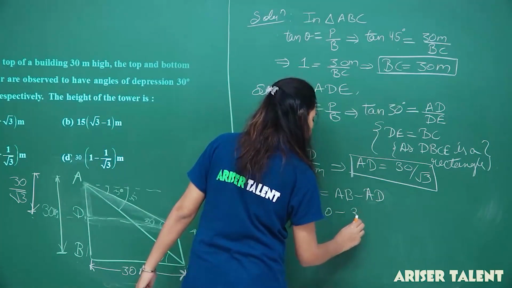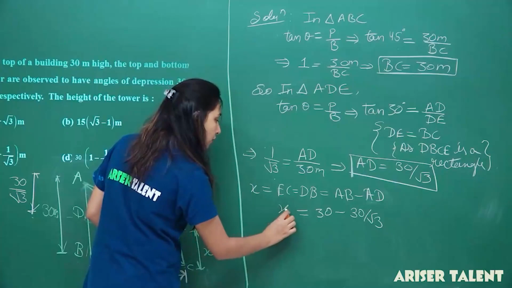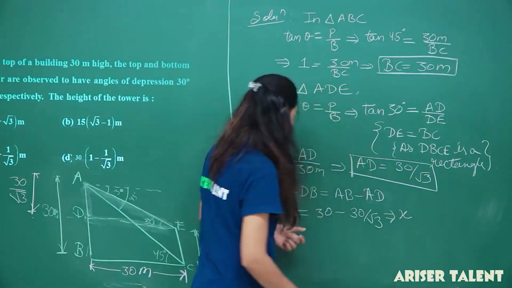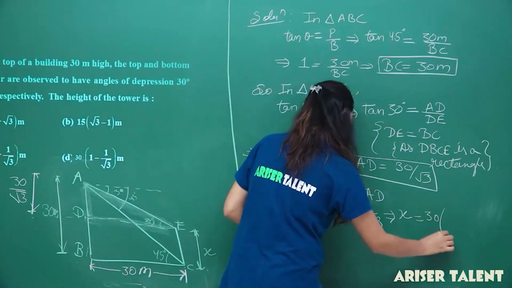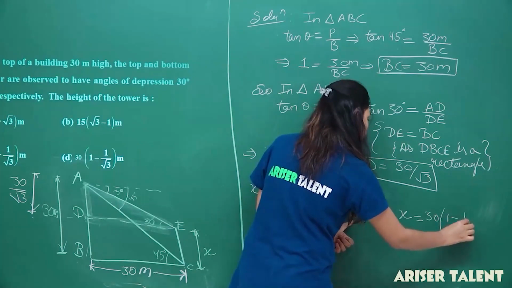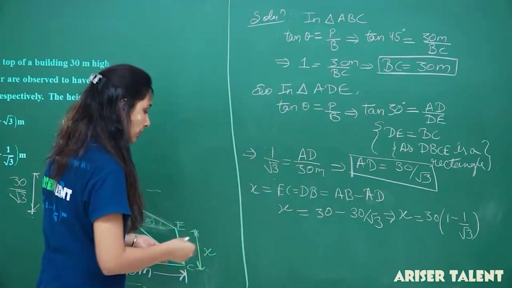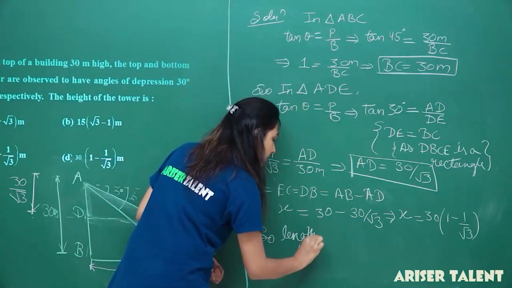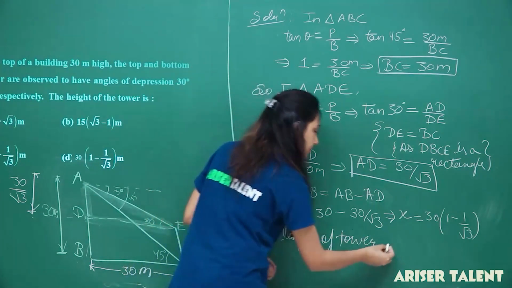AD's value is 30 by root 3. So the value of x will be 30 times 1 minus 1 by root 3. This is the value of x. So students, the length of the tower is what?